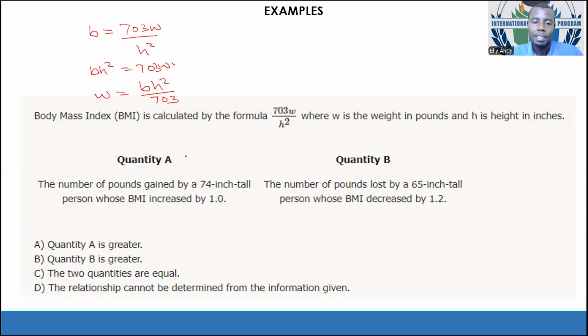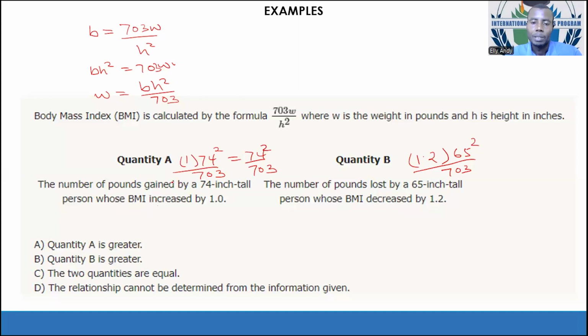So we have 1 times 74 squared over 703, which is 74 squared over 703. For quantity B, we have the weight change as B is now 1.2, and the height is 65, so 1.2 times 65 squared over 703.